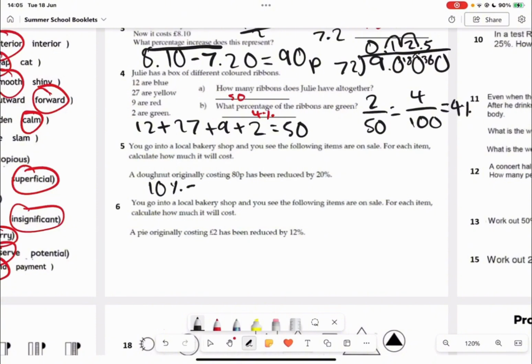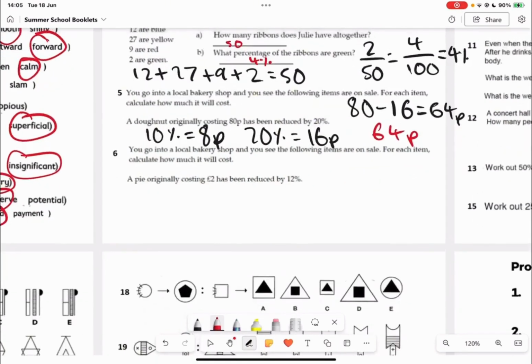So 20% will be equal to 16p. Then we do 80 minus 16, which in simple column would be 64p. That gives our answer to question 5, which is 64p.